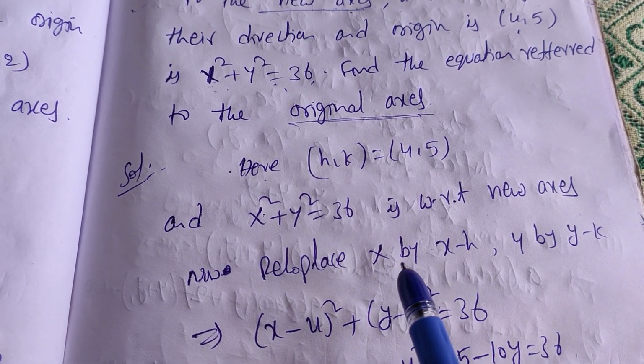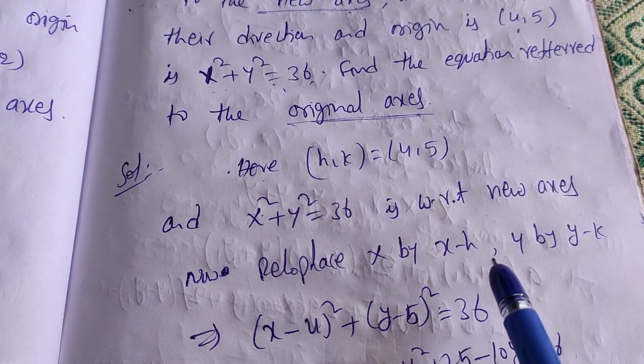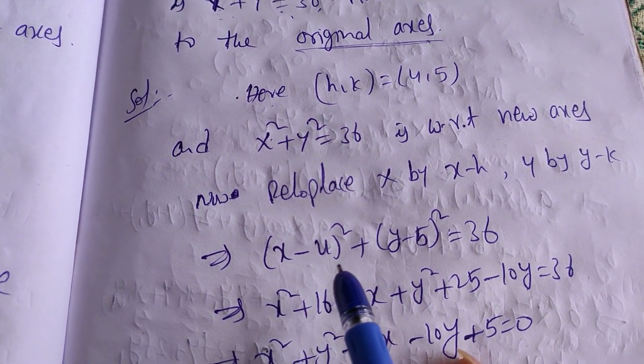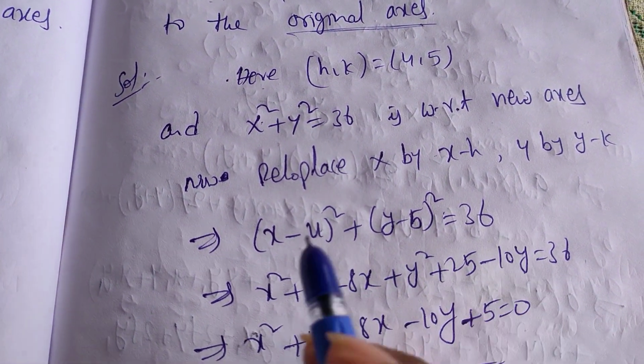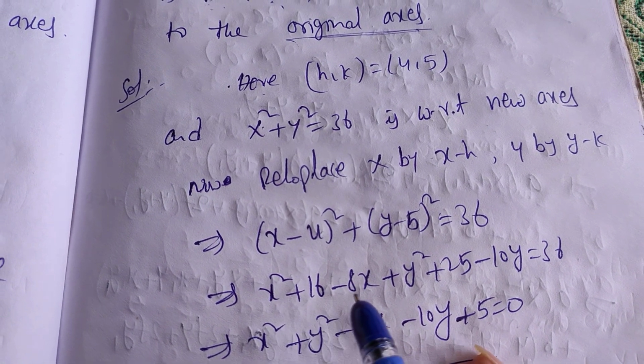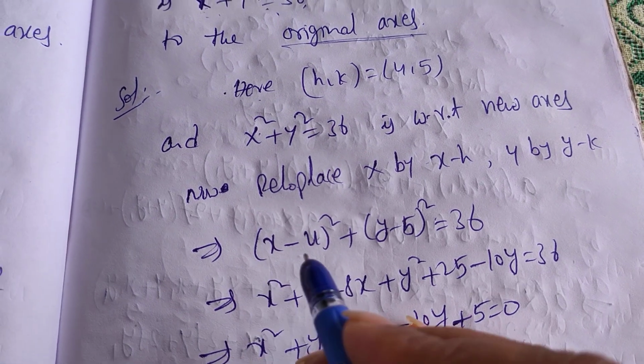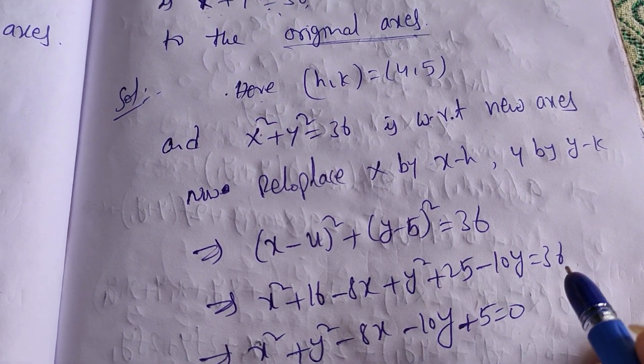So x minus h means x minus 4, y minus k means y minus 5. Substitute in the given equation: (x minus 4) whole square plus (y minus 5) whole square is equal to 36. This implies x square plus 16 minus 8x plus y square plus 25 minus 10y, using (a minus b) whole square, is equal to 36.